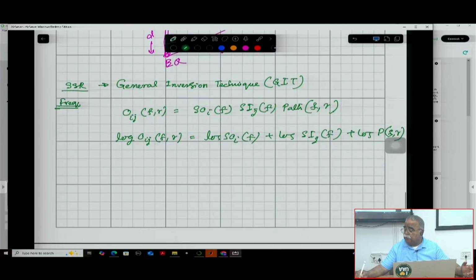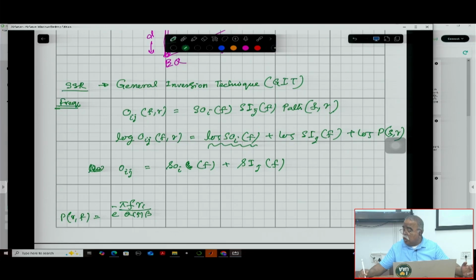So that means if I write this log O_ij as a small o_ij, okay, that will be equal to log of SO_i(F), plus S_ij(F), and path factor P(R,F) is equal to e to the power minus pi f R_ij into Q(F) by beta, right?